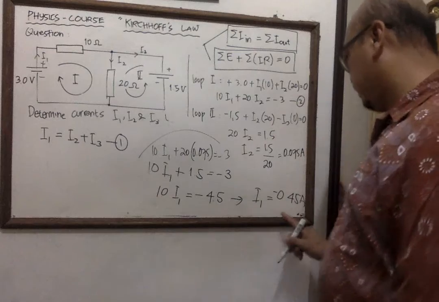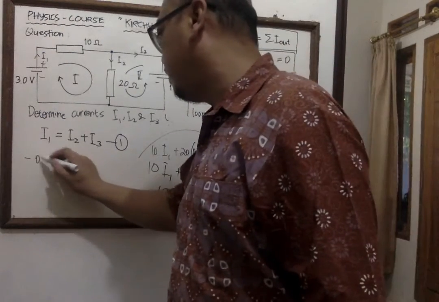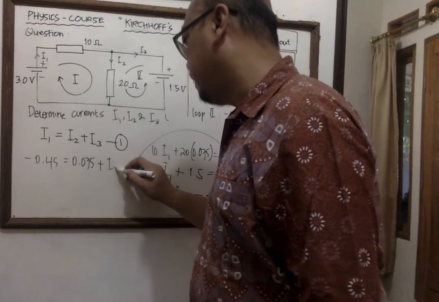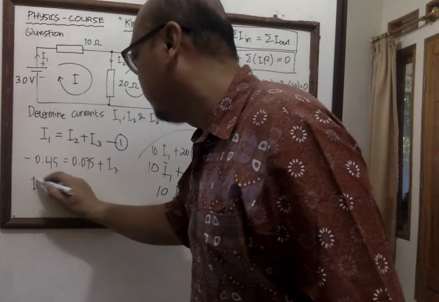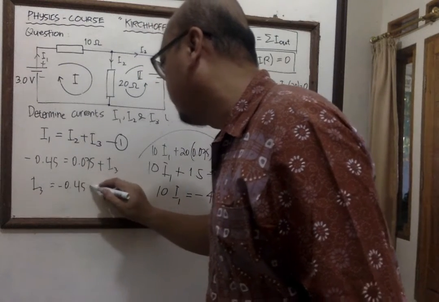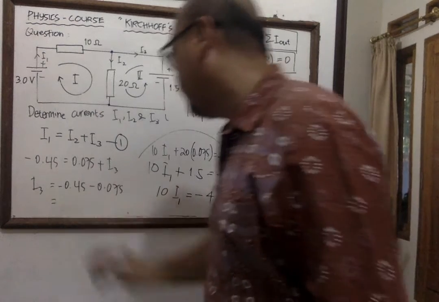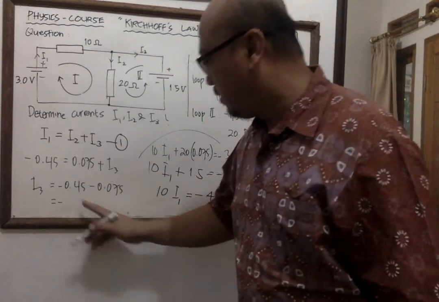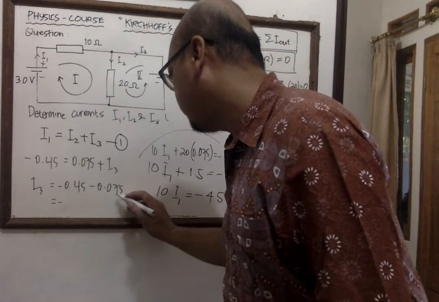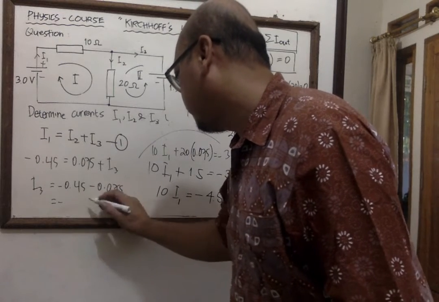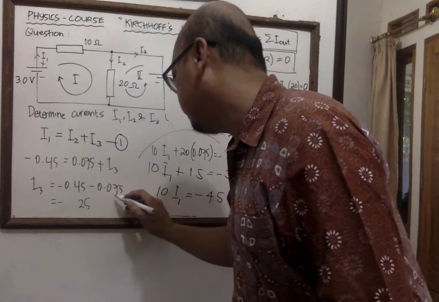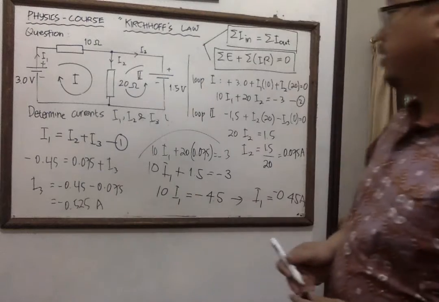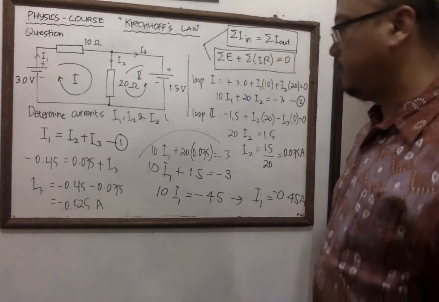If we substitute, I1 is negative 0.45 and I2 is 0.075 plus I3, and then we get I3 equals negative 0.45 minus 0.075. By addition, 45 plus 7 is 52 and 5, so we get 0.525 ampere.